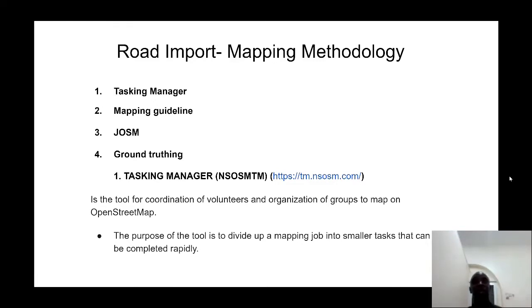The other tool that we are using is JOSM, which has had the functionality of mapping with AI added. Another activity we are adding is truthing, which means doing online or remote digitization of roads. So we set up one regional team to do truthing, and a Tasking Manager specific to this task of road import using artificial intelligence.